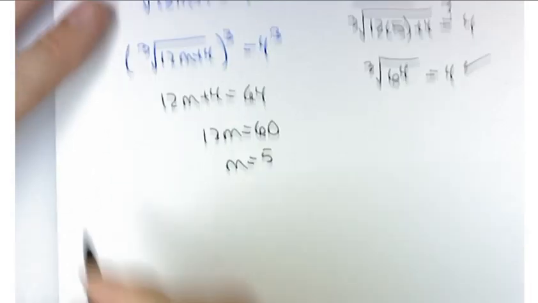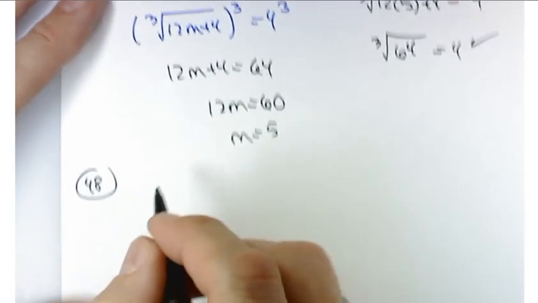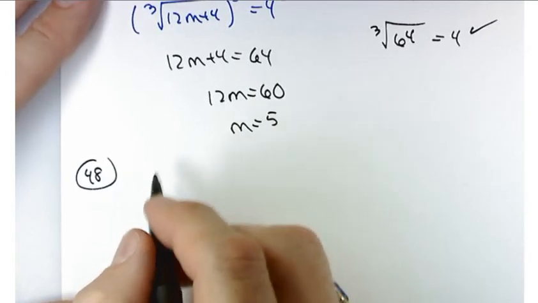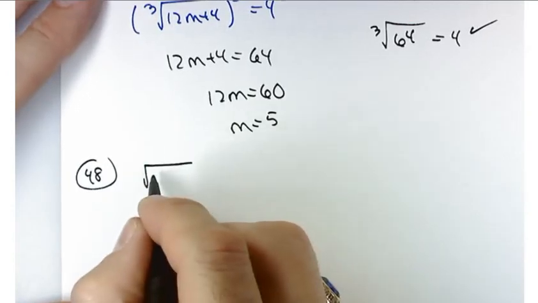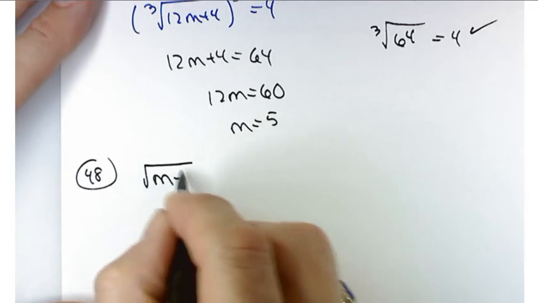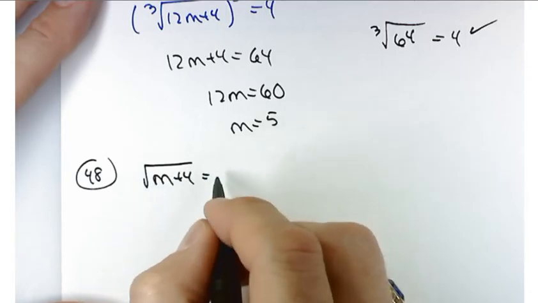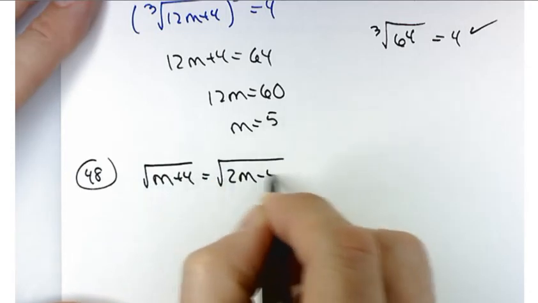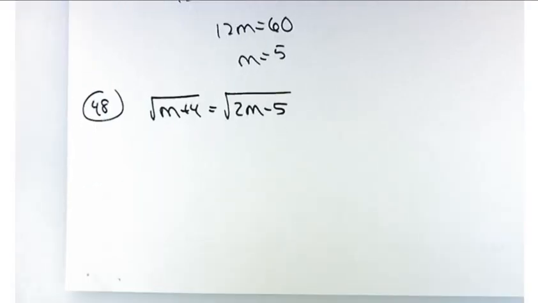Let's try problem number 48. Square root of m plus 4 equals the square root of 2m minus 5. Again, a little bit different. What do you suppose we're going to do to solve this one?